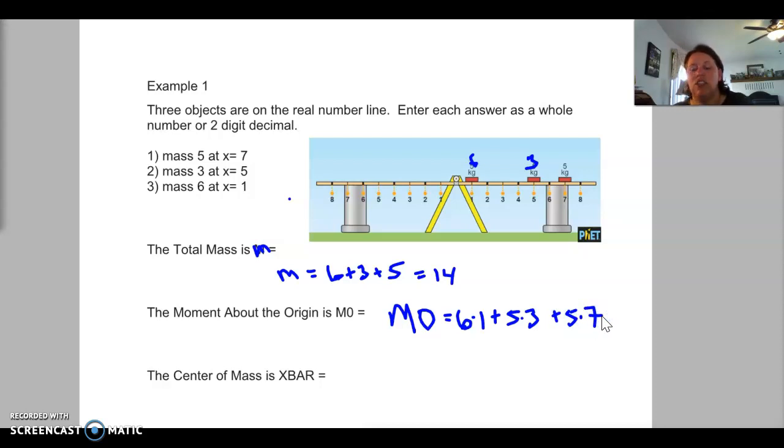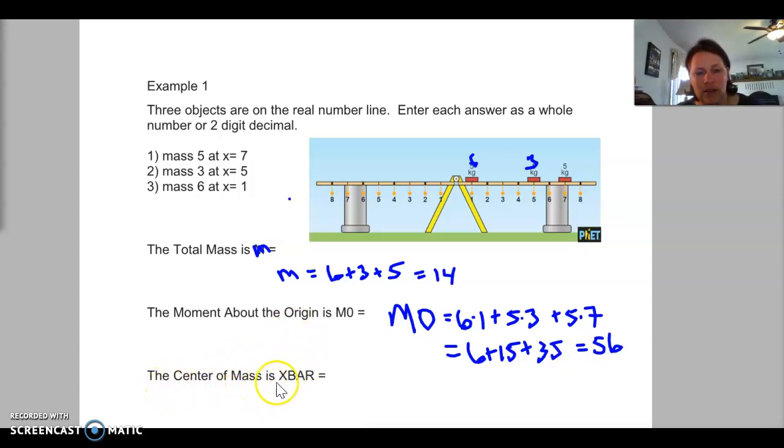So this is just taking into account all of the masses and the distance that they are away from the origin. So now we have 6 plus 15 plus 35, so 56 is going to be our total moment in terms of the origin.